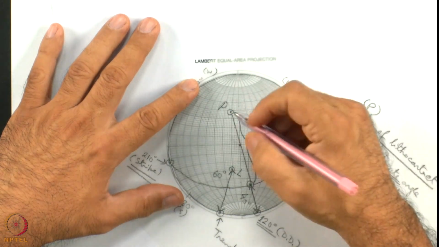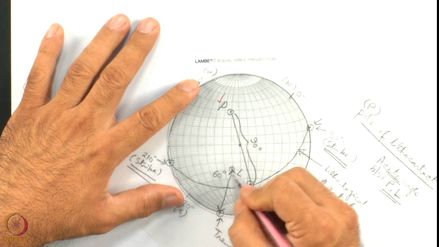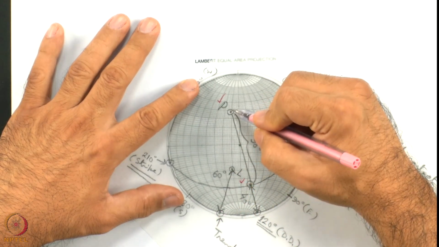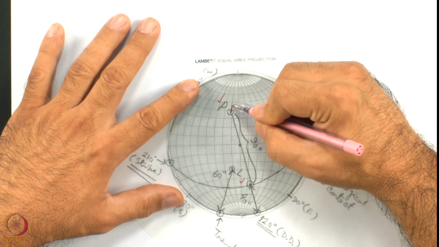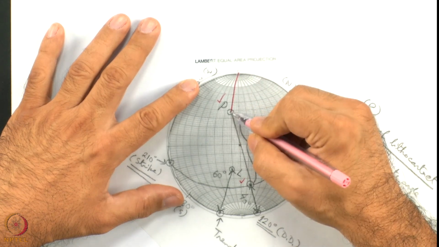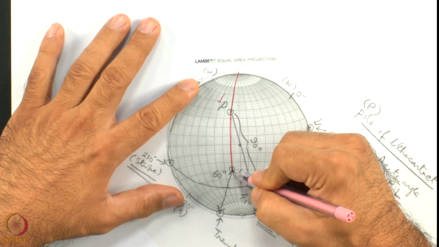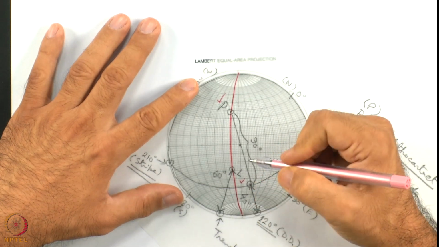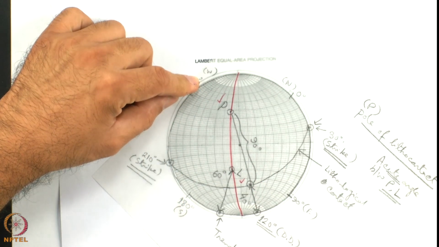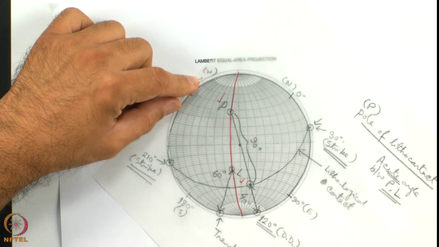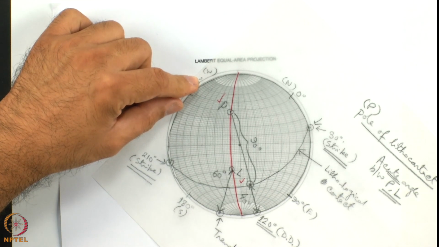Why I am doing this is required to find out the angle between P and L. So this red great circle represents a plane on which P and L lie.